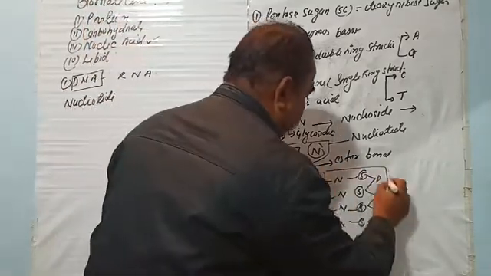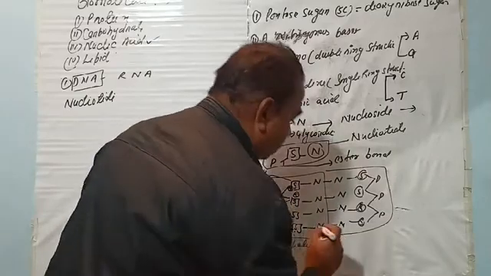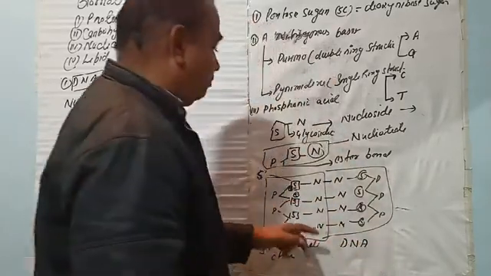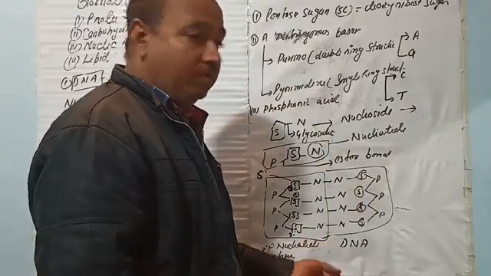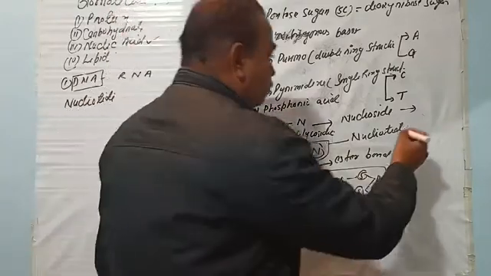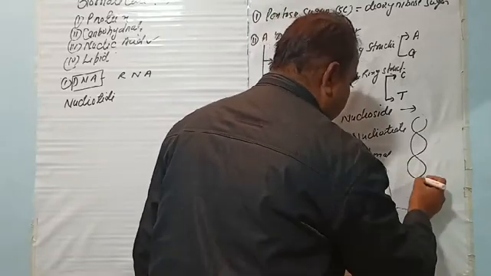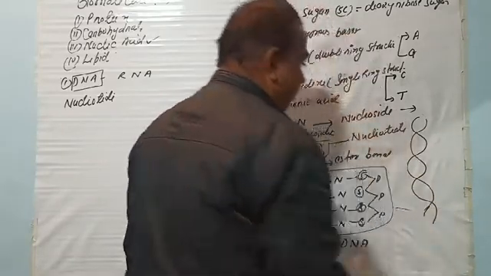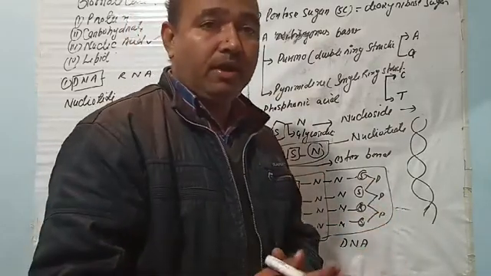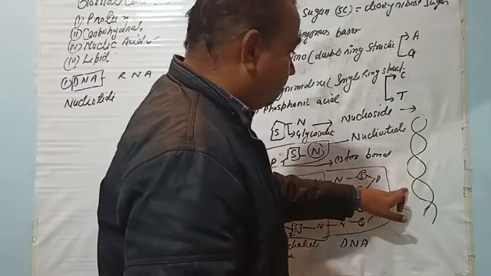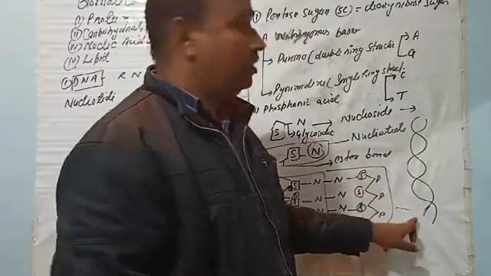This structure is now called DNA, deoxyribonucleic acid, because in DNA two polynucleotide chains are arranged in an anti-polarity direction.